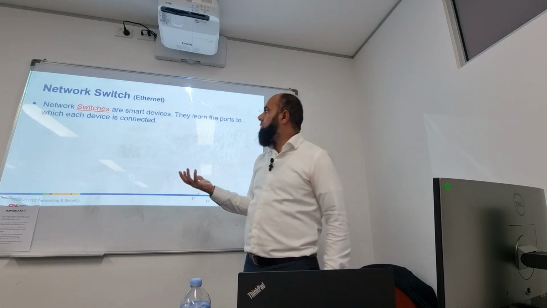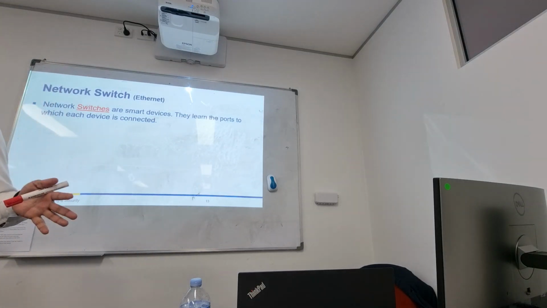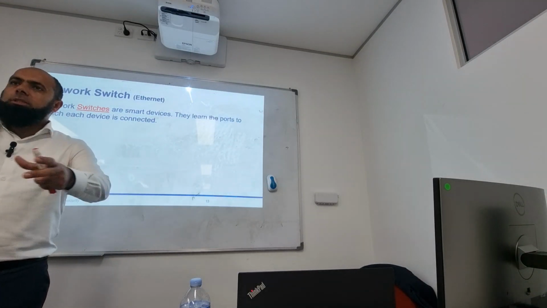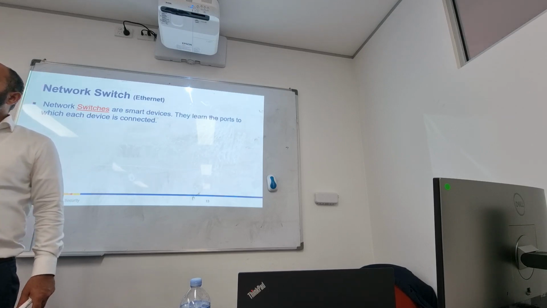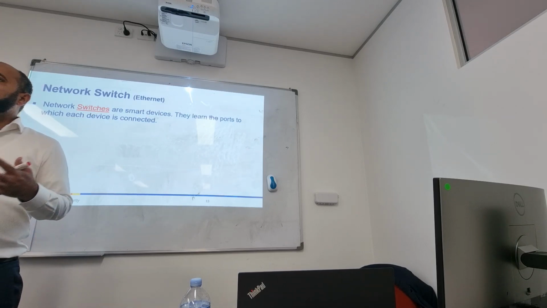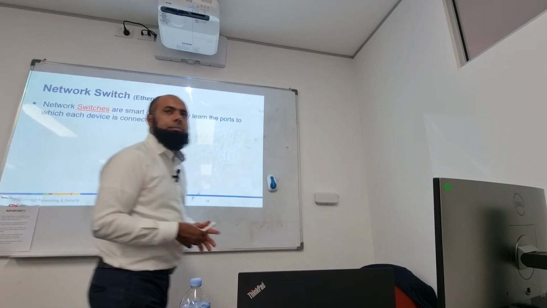A switch has the capability, let's say we are in one room, 10 computers are there, we put a switch, and then with the switch we connect all computers. So a switch actually gives us the ability that 10 people in the room can talk to each other over a computer.